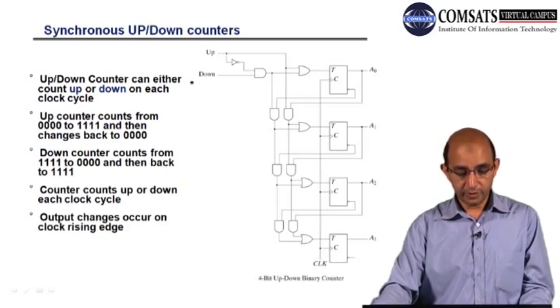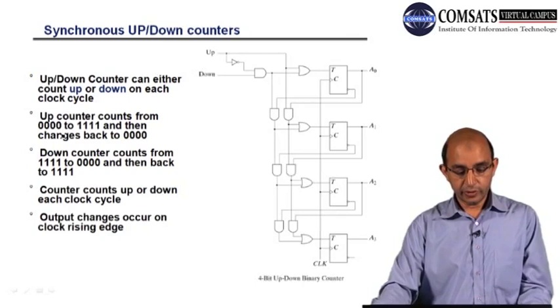So for the up counter, for example, we can think about starting from 0 0 0 and we can count till 1 1 1 1, all flip-flops are 1, and then back to 0 0 0.